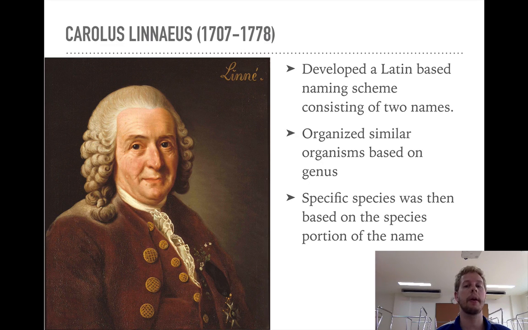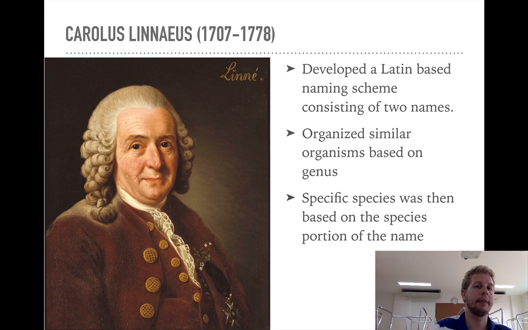And so the first part of the name was the genus, and the second part of the name was the specific species. Okay? And from there, then, he was able to group together organisms into more and more general categories until like organisms were paired with like organisms, and till we moved further and further out to kingdoms and eventually domains.